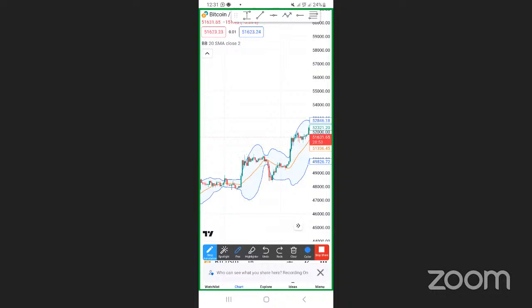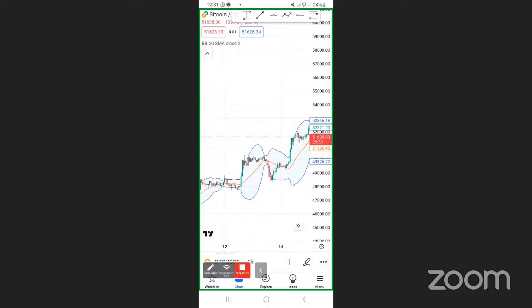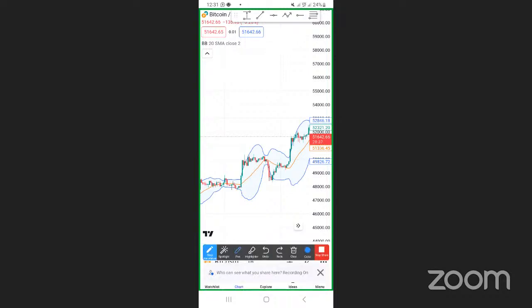Then later on, after the price comes back to the moving average, the orange line, the buyers might continue moving up with it, or the sellers might take over and stretch these bands below, the lower band.